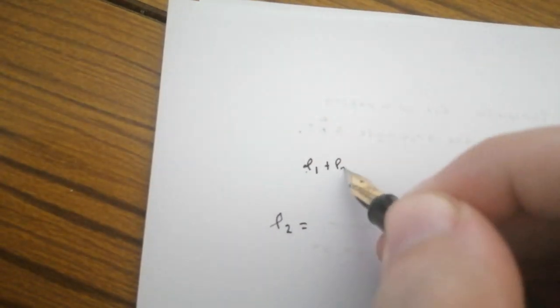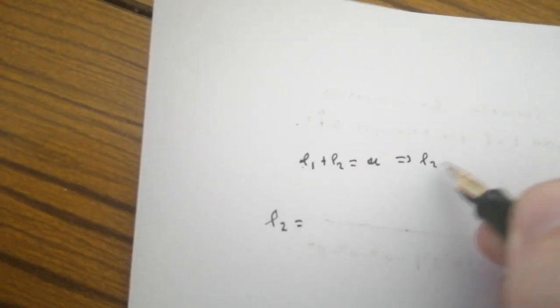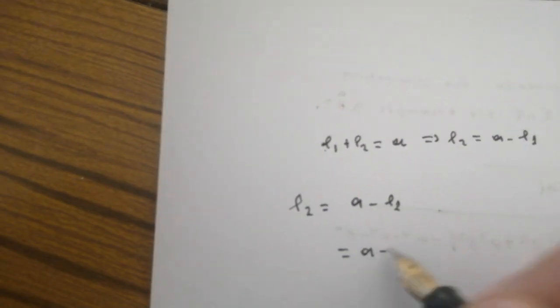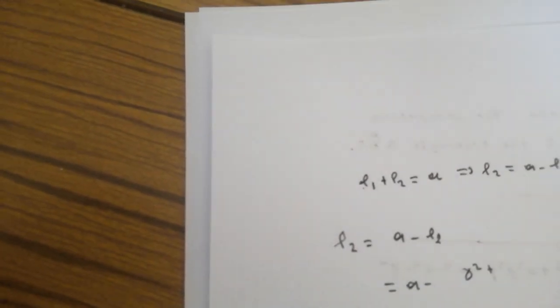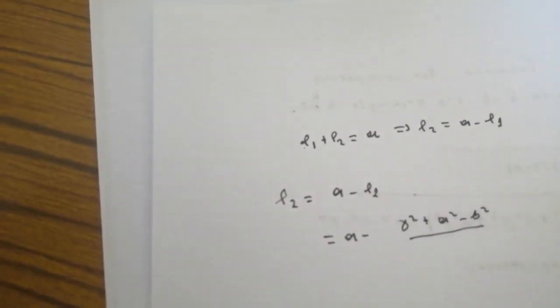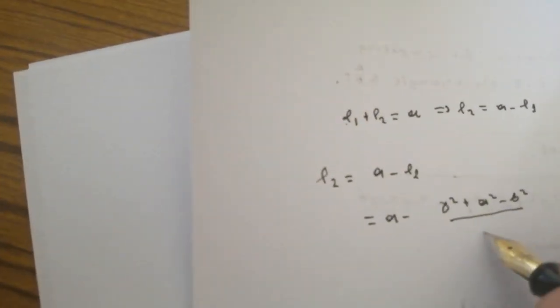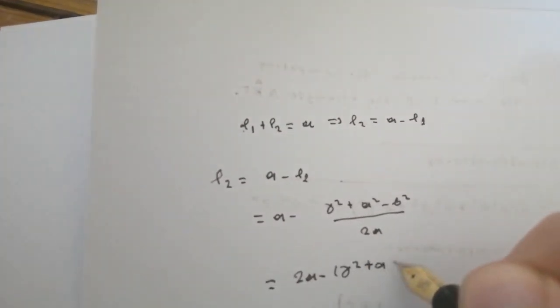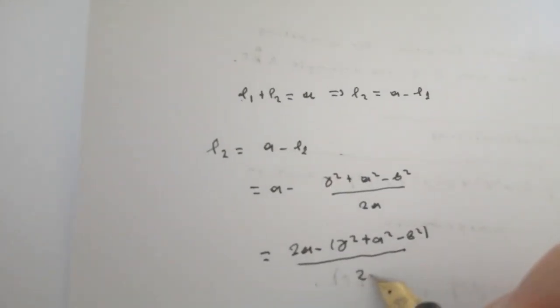Now we can find the expression for L2. We have that L1 plus L2 is equal to alpha, so L2 is equal to alpha minus L1, which is alpha minus (gamma squared plus alpha squared minus beta squared) over 2 alpha.